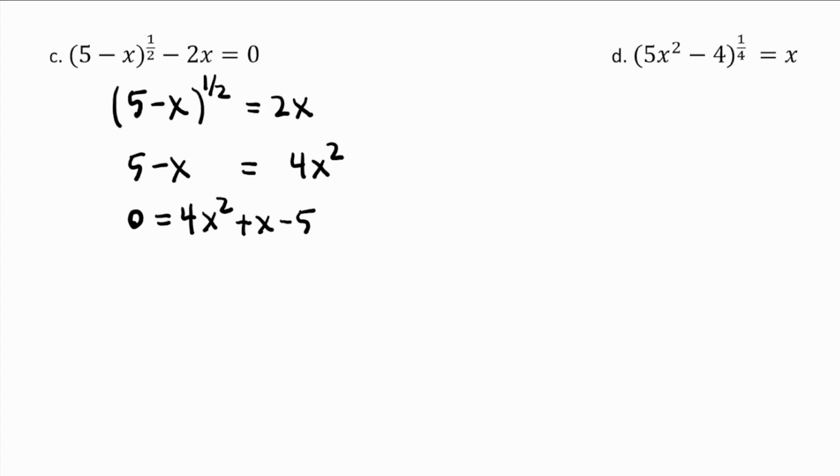I'm going to try to factor this, and I feel pretty good about my chances because I'm looking for two numbers that multiply to 4 times negative 5 and add to positive 1. So I'm thinking positive 5 and negative 4. Yeah, there we go. So I'm going to split up that x into 5x and minus 4x.